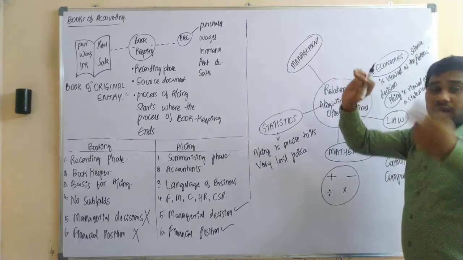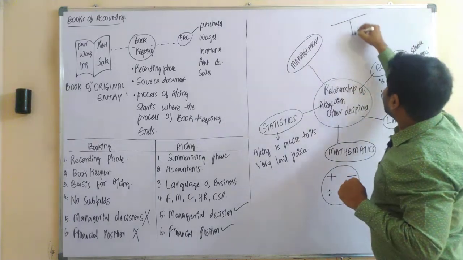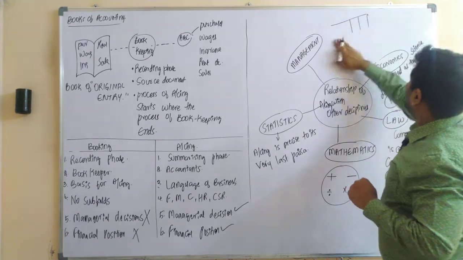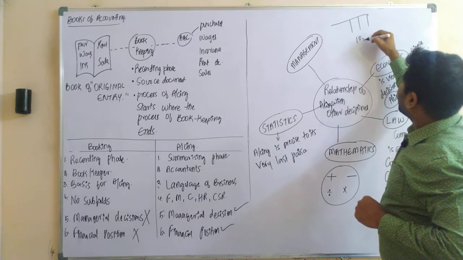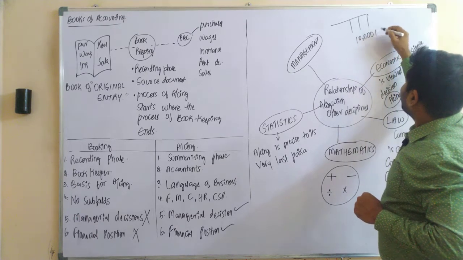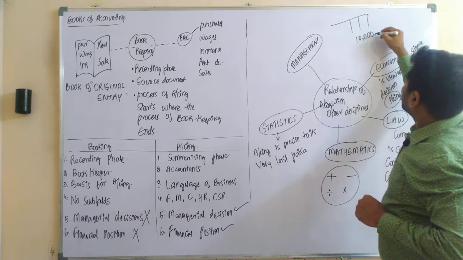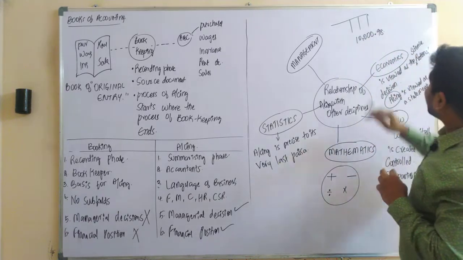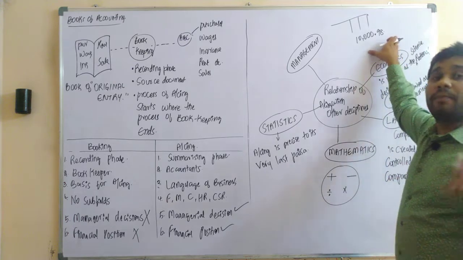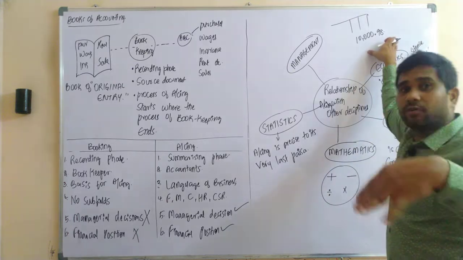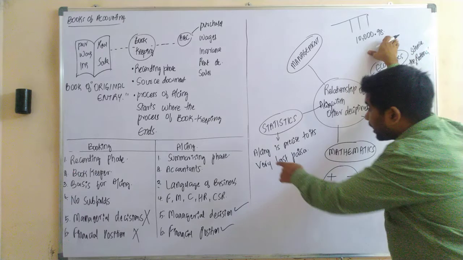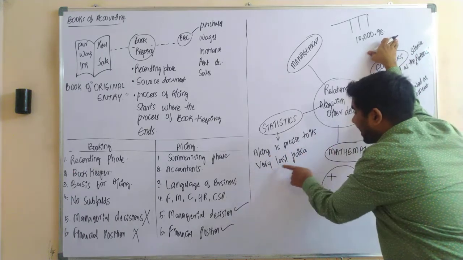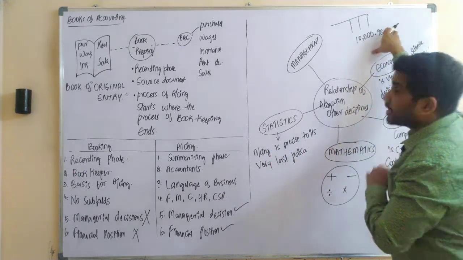That means upon preparation of your financial statements, let's say you have 10,000 rupees and 98 paisa. In that case, even this 98 paisa is to be reported, or it needs to be recorded, yes or no? Accounting is precise to its very last paisa. Even paisa should be recorded.